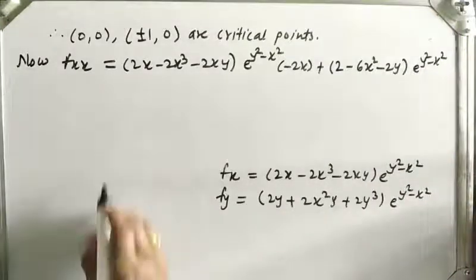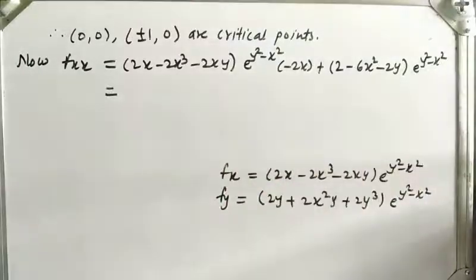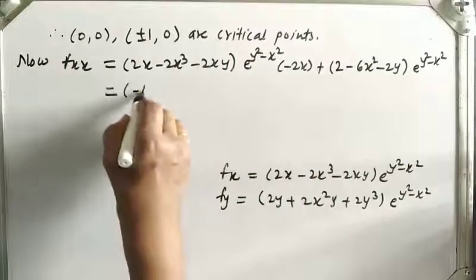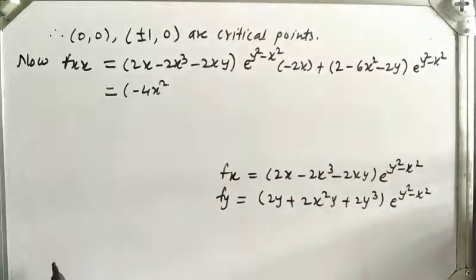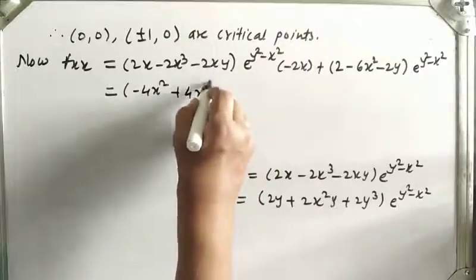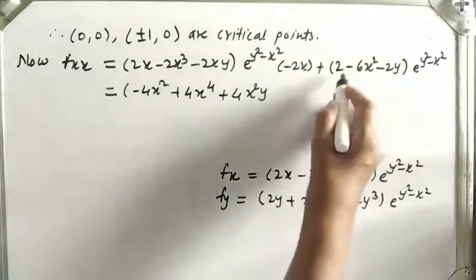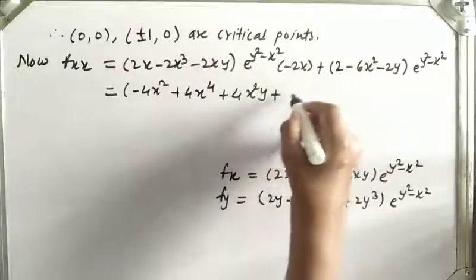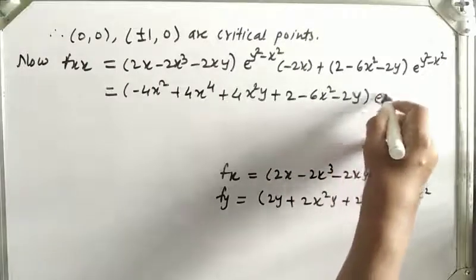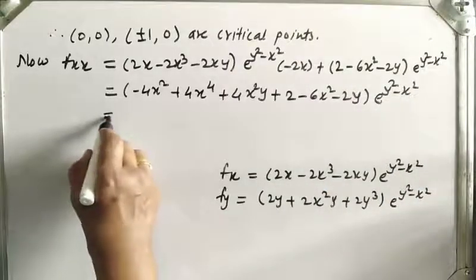We can simplify it. Take e^(y² − x²) common, and here multiply by −2x, so it will be −4x². Then minus minus plus 4x⁴ plus 4x²y, plus this 2 − 6x² − 2y, into e^(y² − x²).